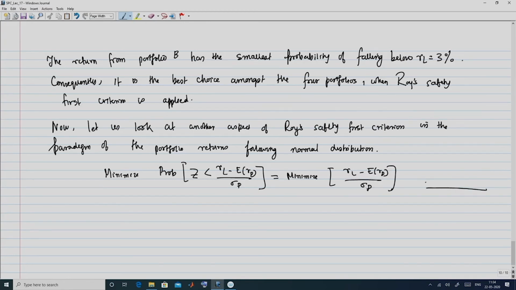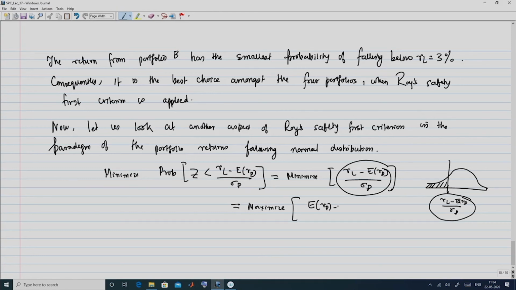Remember that here we had this (RL minus E(RP)) over sigma p, and we wanted to minimize the area under the curve. So, the minimization of the area under the curve which is shaded amounts to minimization of this quantity. Now, the minimization of this quantity is the same as maximization of the negative of it, that is (E(RP) minus RL) over sigma p.